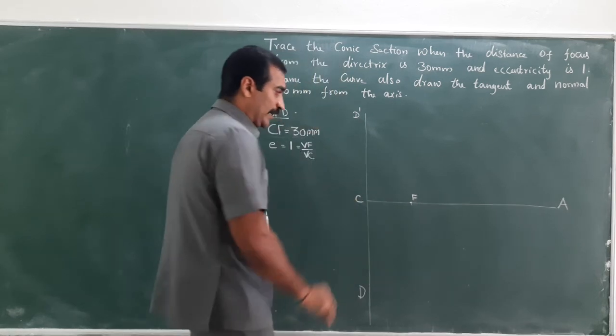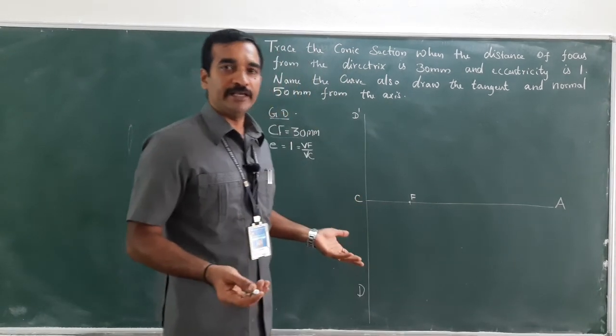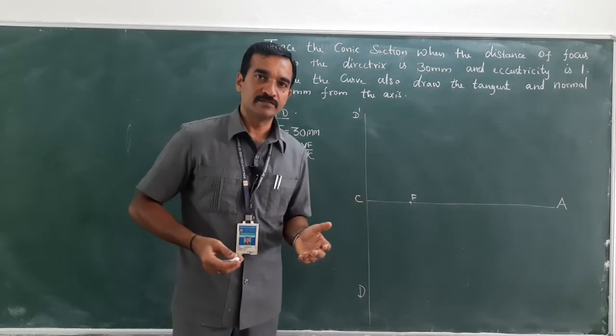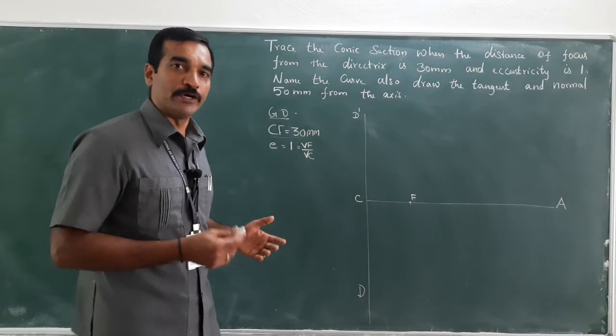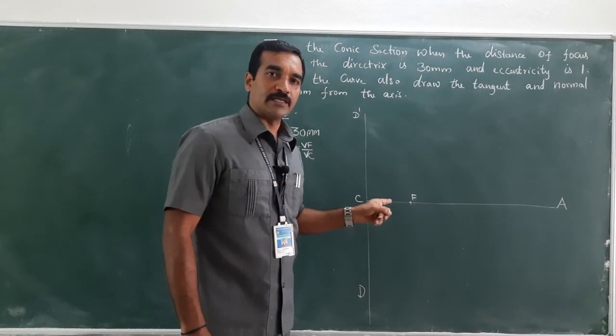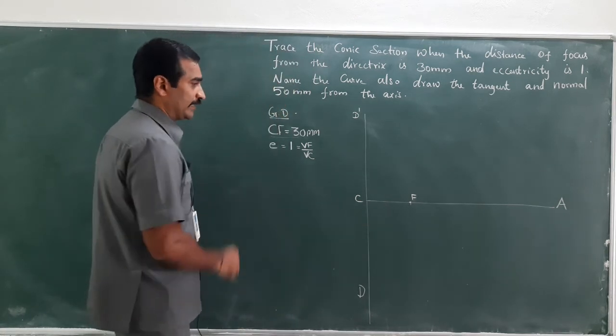Now, I need to find the moving point, without which I cannot complete any curve. Vertex, that is moving point or vertex. Vertex is a point at which the conic cuts its axis. Therefore, V, the moving point, plays a vital role here. How to find that?